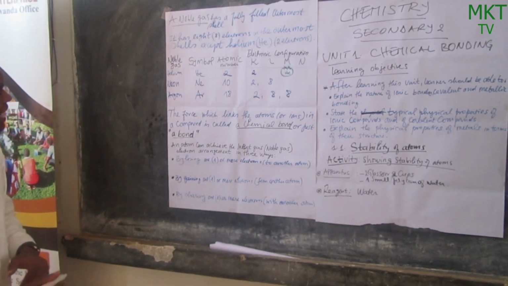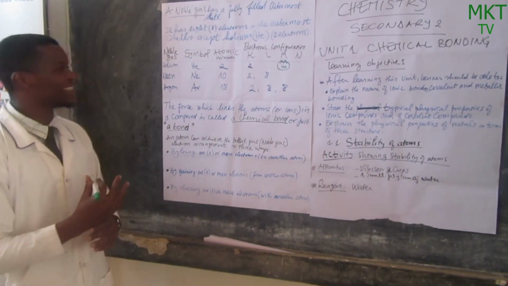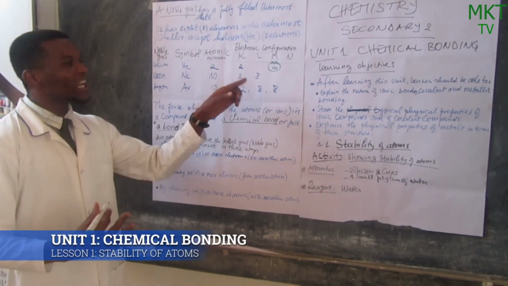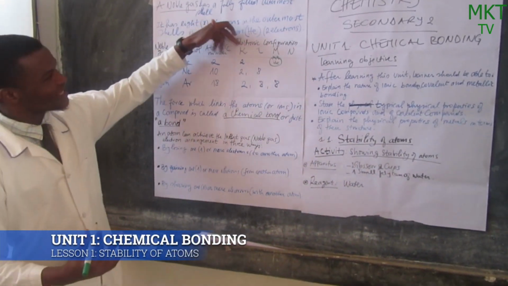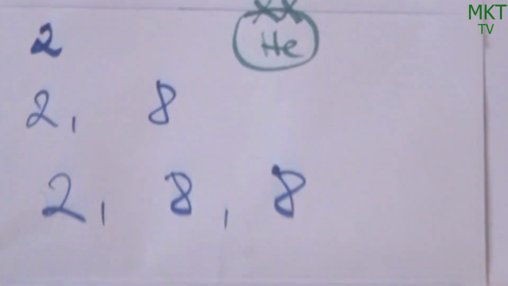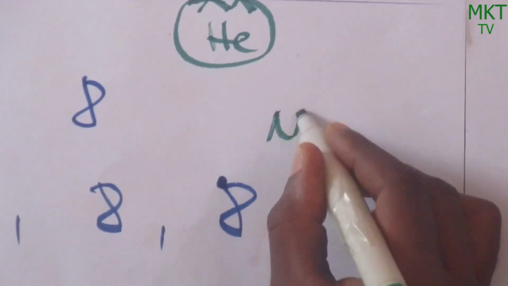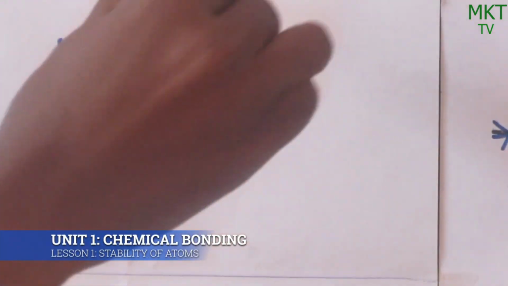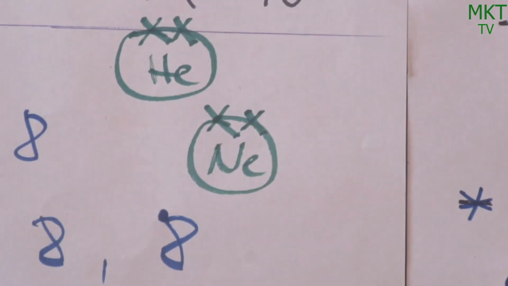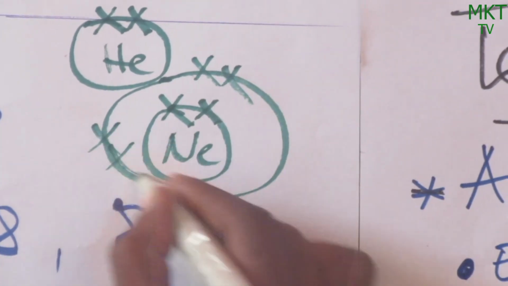Now, neon. Its symbol is Ne, atomic number 10, and electronic configuration is 2,8, using the shells named K, L, M, N, and so on. In the Bohr model diagram for neon, this is the first or inner shell with 2 electrons, and the outermost shell with 8 electrons.